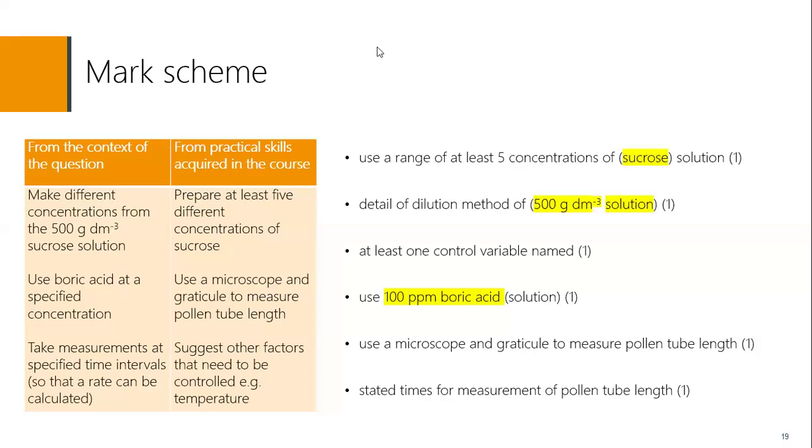So you might be given a context and asked what factors need to be controlled, or given some apparatus and asked what you would measure. And as I've just said, Unit 3 is based on Units 1 and 2. Unit 6 is based on all of the units.